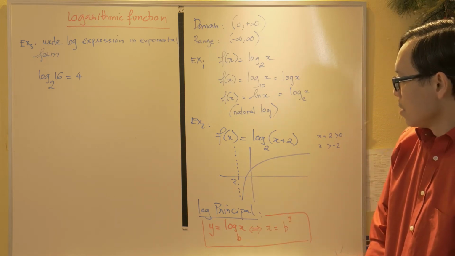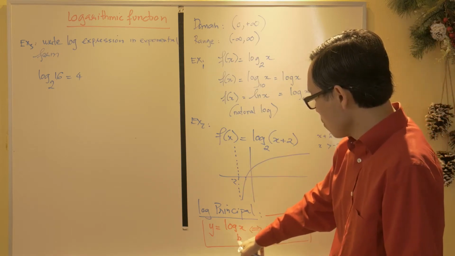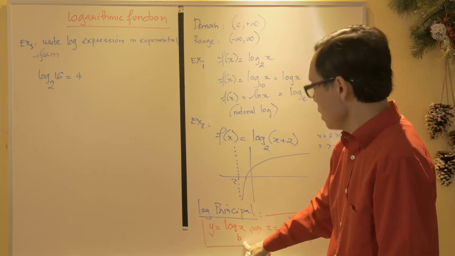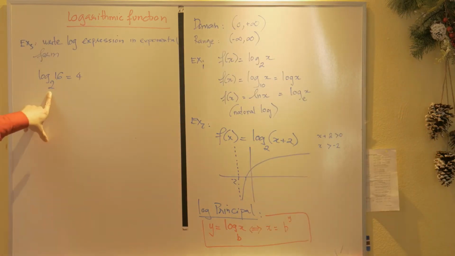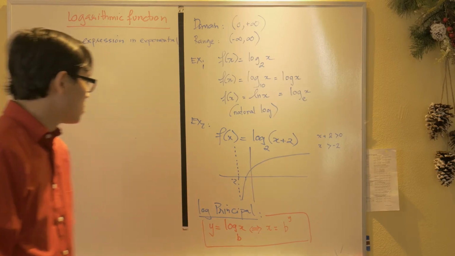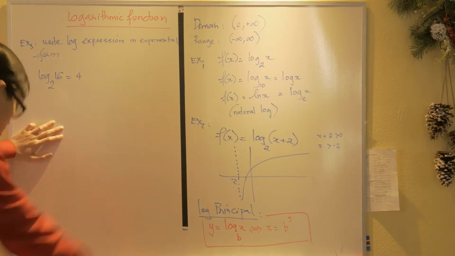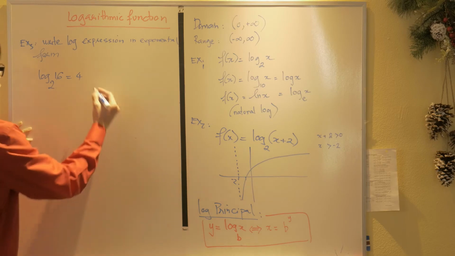Look at this: log base b of x equals y. So b in this case is 2, the base. 16 is x, and 4 is y.